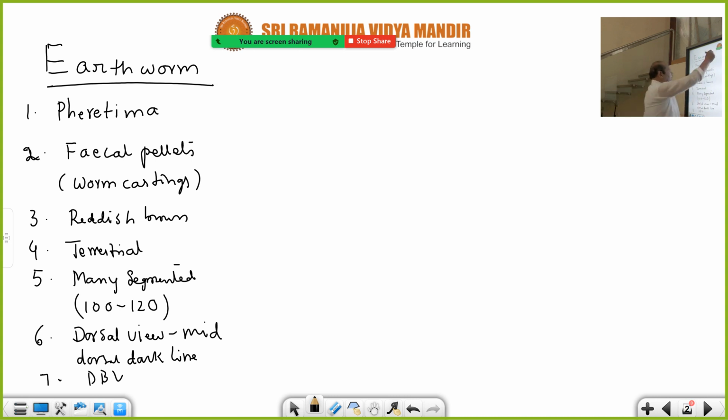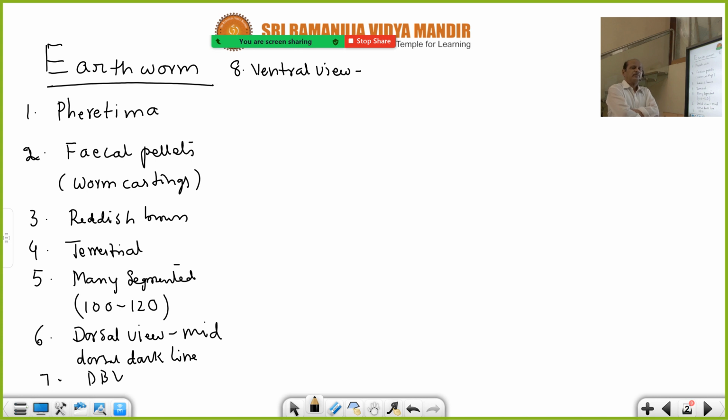That is dorsal. And ventral view can be identified by, any one of you? We have discussed this a number of times. Ventral view can be identified by genital apertures.